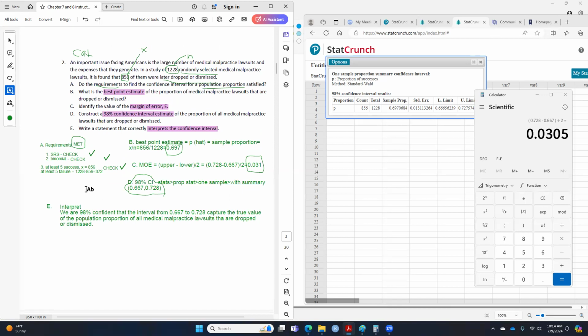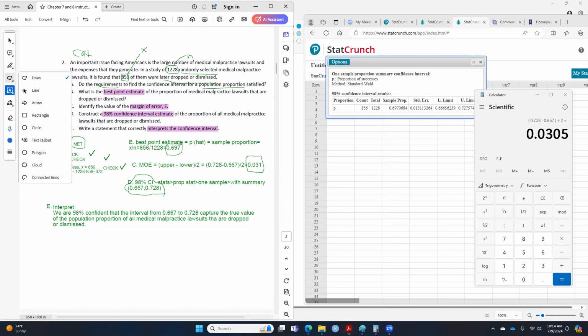So usually these are the few key things that I will be looking for. Definitely those numbers are important. The word confidence is important to us, so the word confidence must be in here. The words population proportion must be used here.